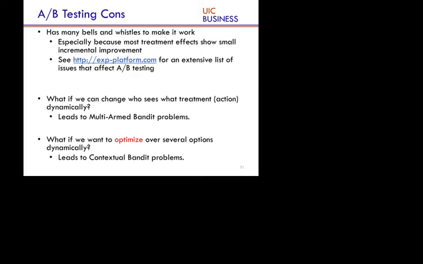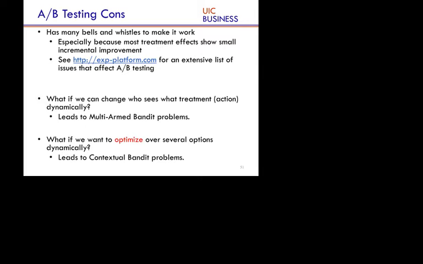Then why do you have to spend 5,000 of those users, make them experience version B and have bad results? Ideally, after every interaction with the user, you should be able to iteratively figure out which option is better, A or B. So that leads to the multi-armed bandit problem.